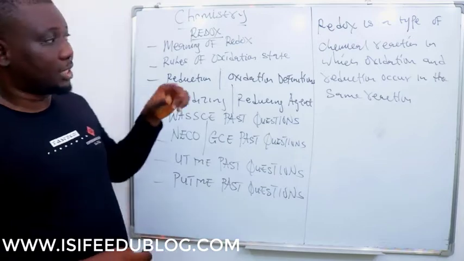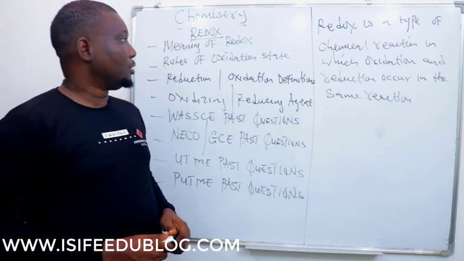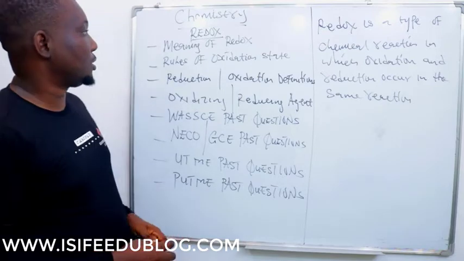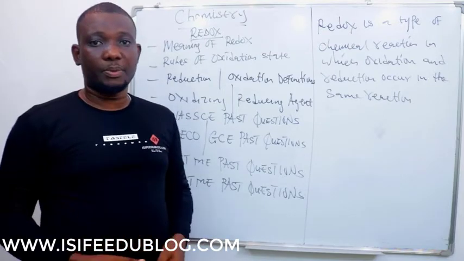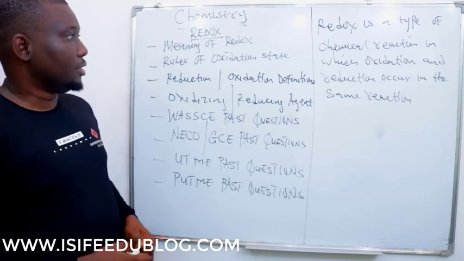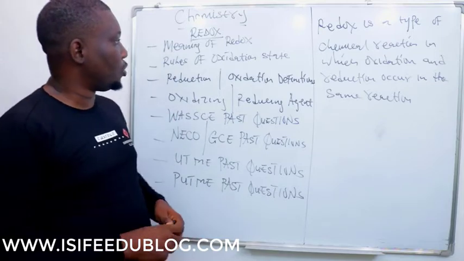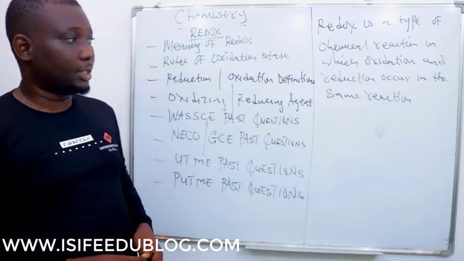But on the second objective of the lesson, I would like us to look at some of the rules that govern oxidation states of some substances, elements, molecules, and ions. So in our second lesson objective, we're going to look at the rules of oxidation states.